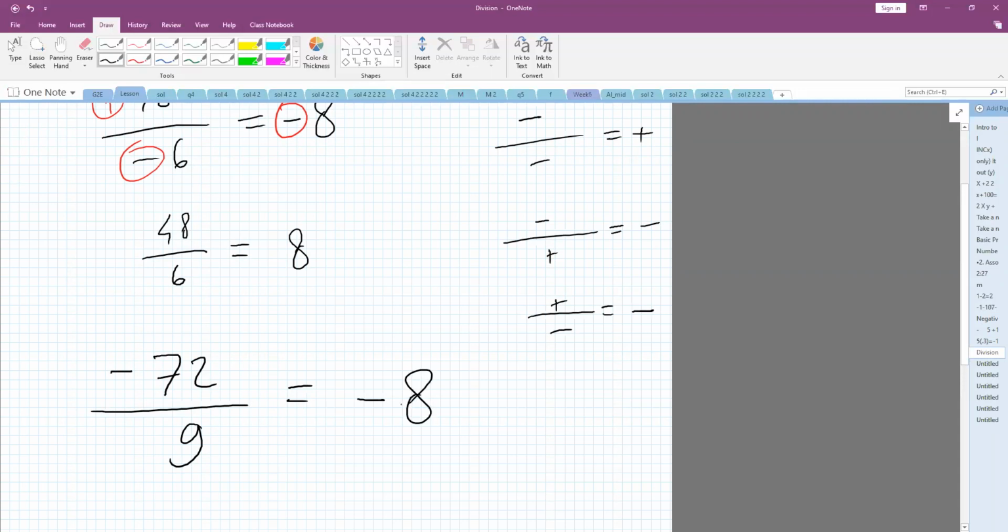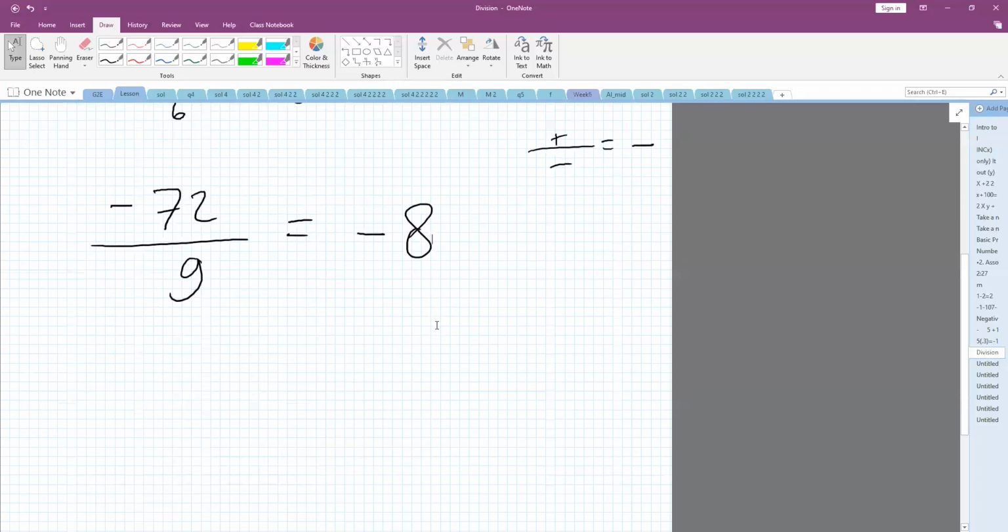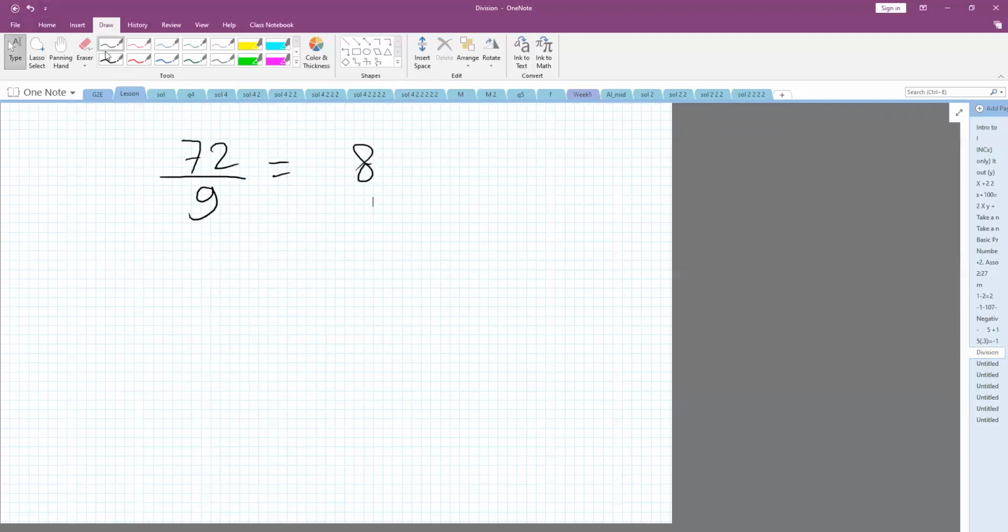So the simple way, of course, if you want to think about this one, you can just imagine that you have just positive here. For example, 72 divided by 9, that gives you 8, right? Yeah. Now, if one of these is negative, simply, then what you have here is negative. Yeah, times the negative. Now, be careful with this one.